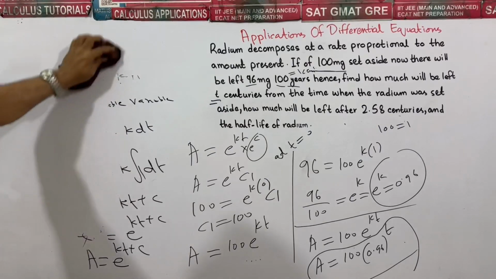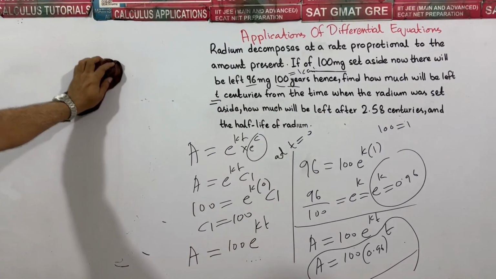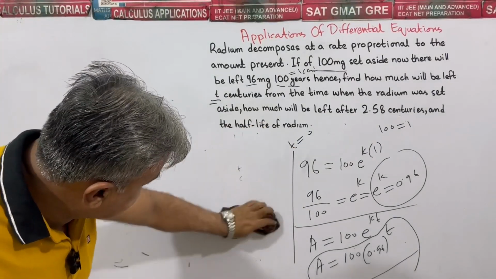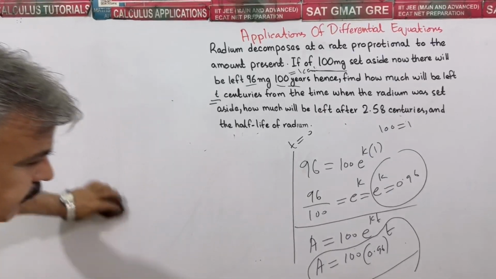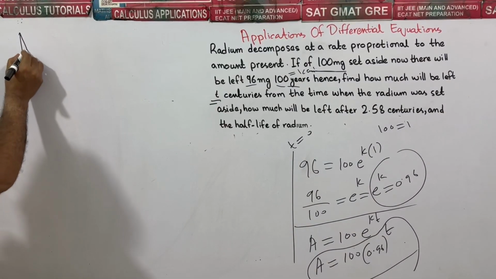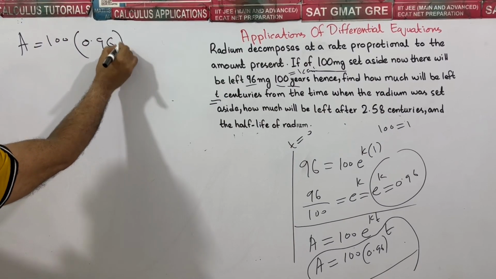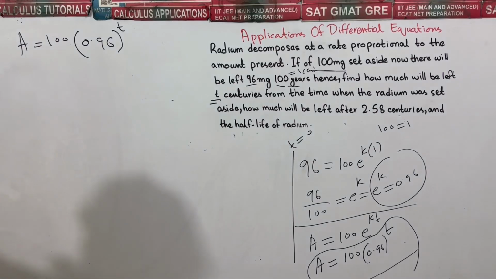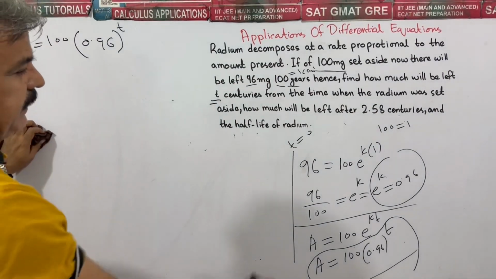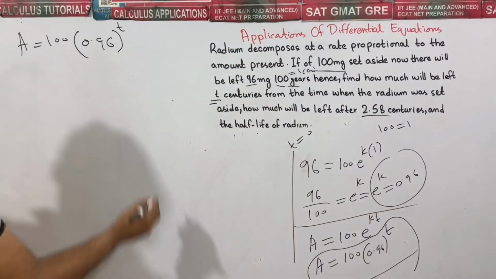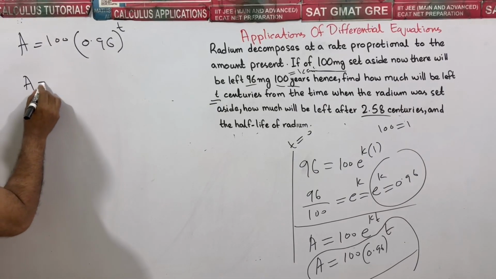Let's see the half-life of the radium as well. A is equal to 100 times 0.96 raised to t, and after 2.58 centuries, t is equal to 2.58.